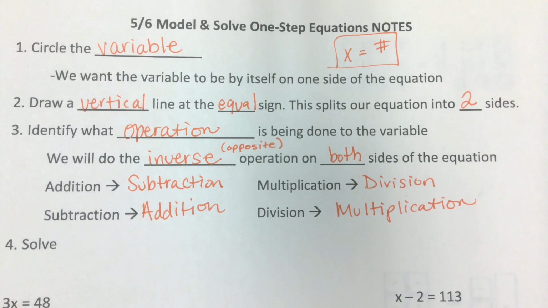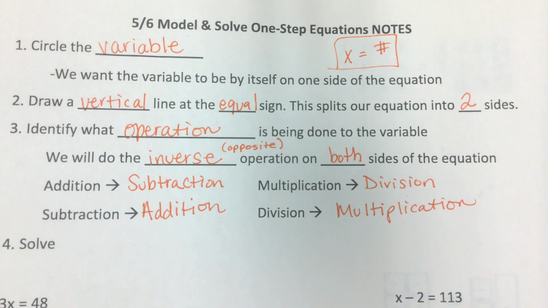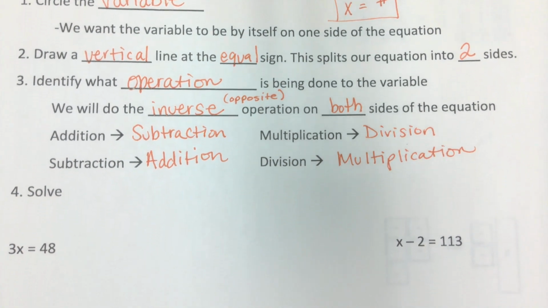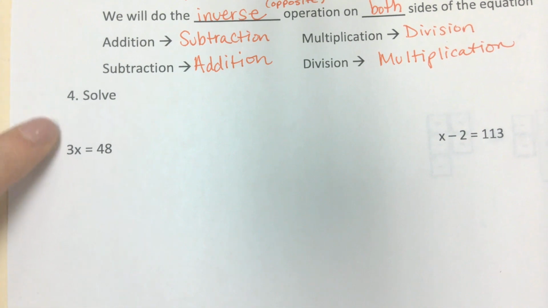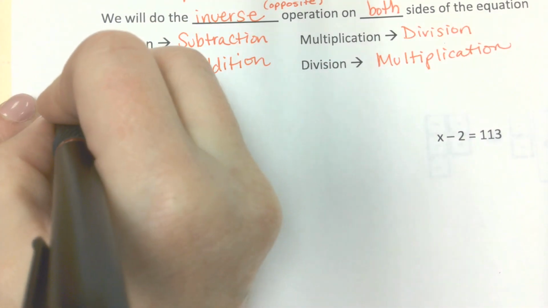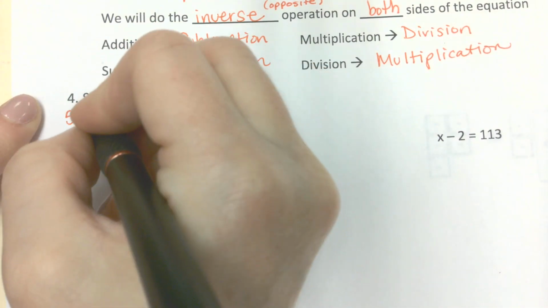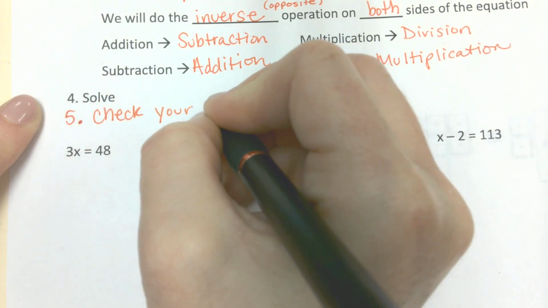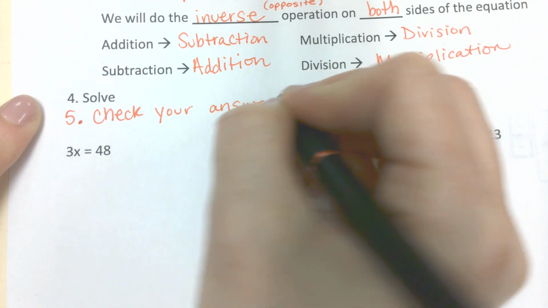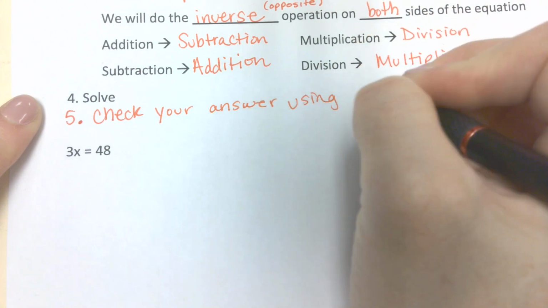So we'll go and do some examples. All right, so the first one, it says solve. Step 5, though, we need to add, that is check your answer using substitution.